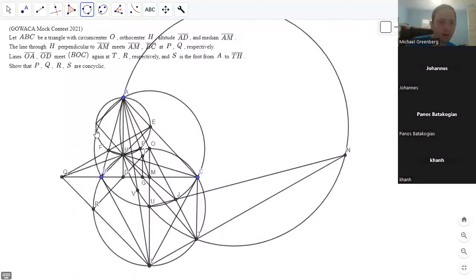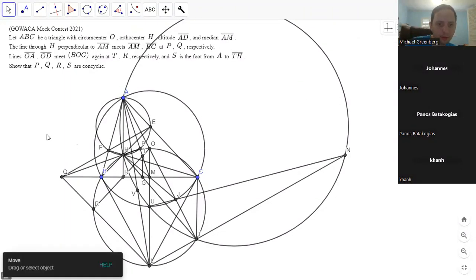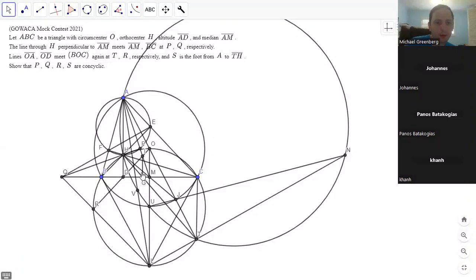All right. So let's hide a bunch of things for now. We don't necessarily need to, but it will make things less complicated. So G is the intersection of TH with BC. Okay. And I think it might not be that hard to prove that IG is parallel to AH.